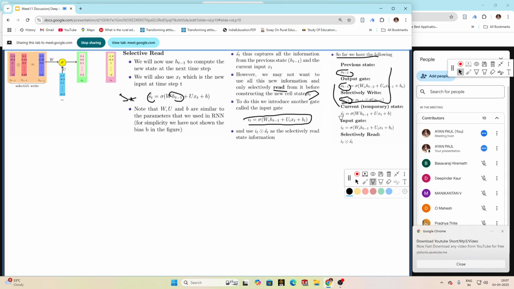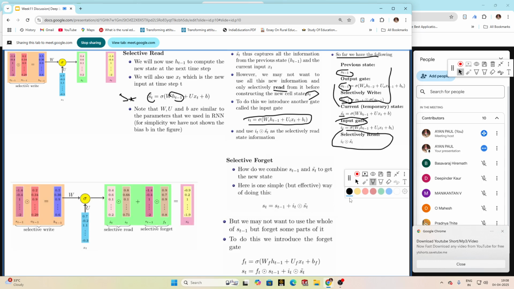After selectively writing, we have the current temporary state, h_t tilde, since we are using the updated h_{t-1}. We apply the input gate to it, and this gives us the selective read. So selectively write we have done, selectively read we have done. Now we have to see how to do the selective forget.